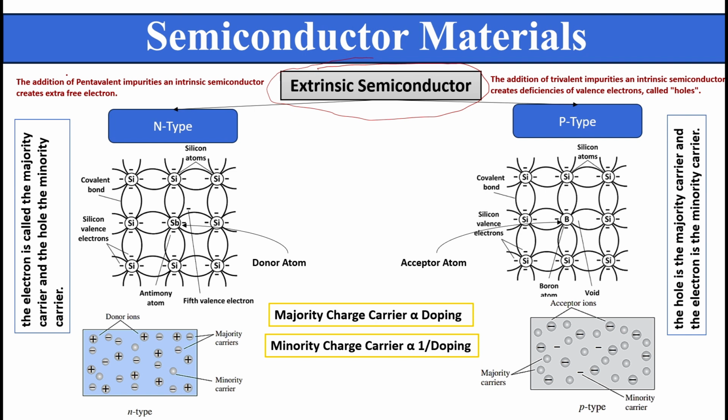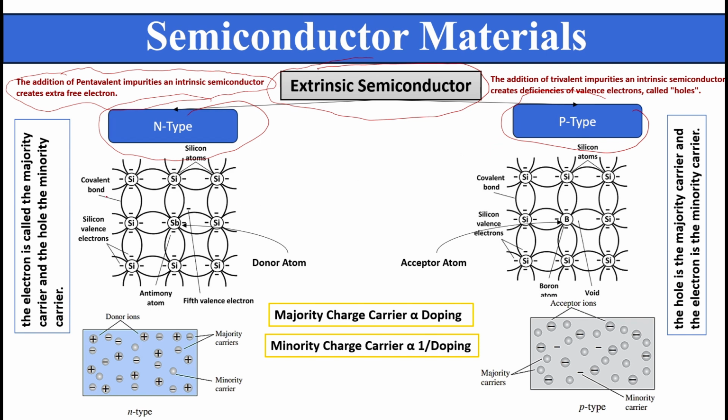Doping with pentavalent impurities into an intrinsic semiconductor creates the n-type semiconductor, and doping with trivalent impurities creates the p-type semiconductor.